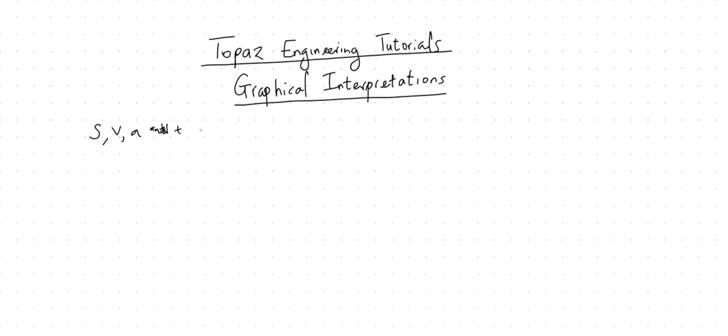So that's what we're about to do. What's the relationship between S, V, A, and T, that's the position, the velocity, the acceleration, and the time? Graphically, what's their representation?